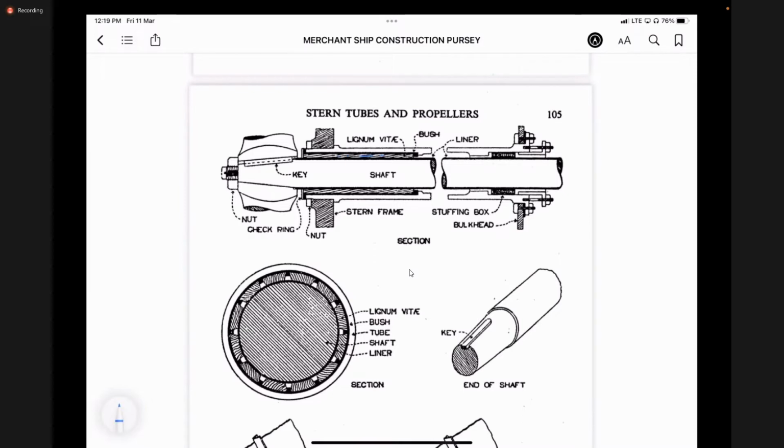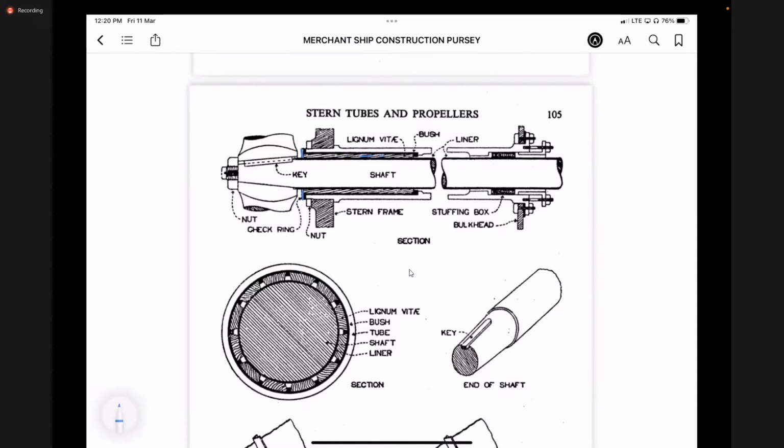This bushing acts as an intermediate barrier, plus it provides a cushioning effect. And we will have an aft locking arrangement here, which is written here as a check ring. This is on the aft side, and on the forward side also, we will have a locking mechanism just to pack it up. In between, we will have our cooling arrangement systems and a lot of other things.